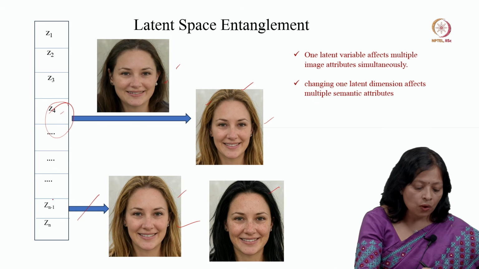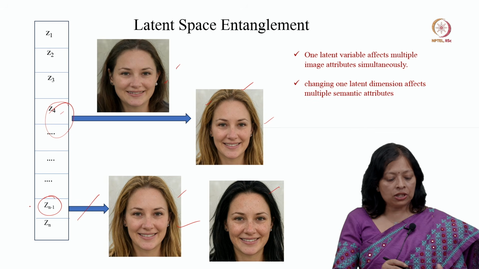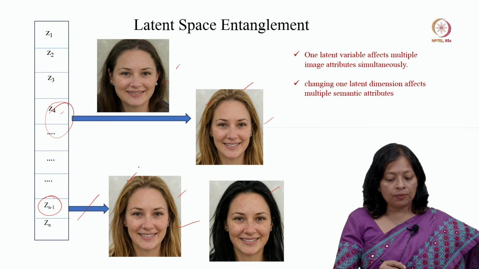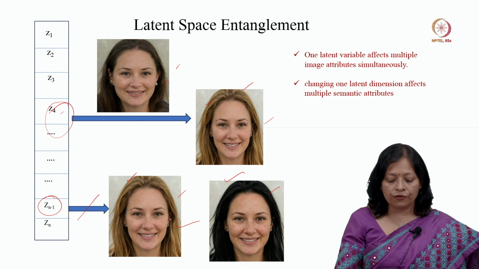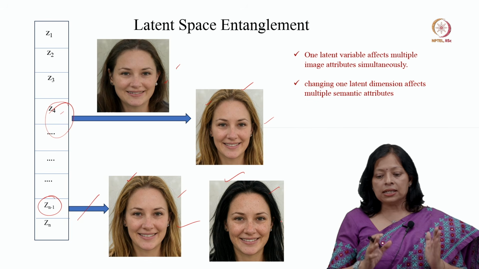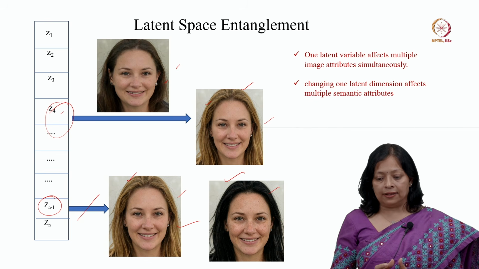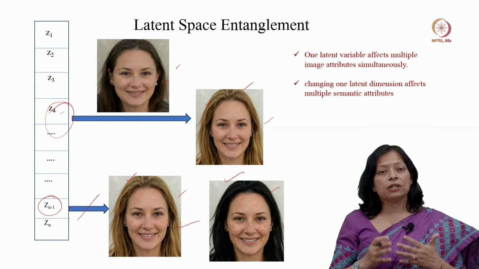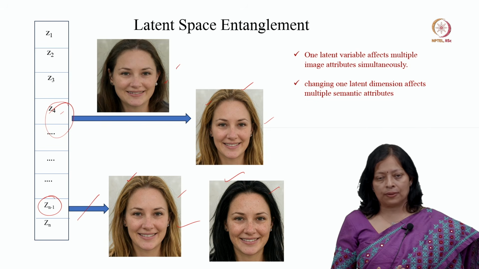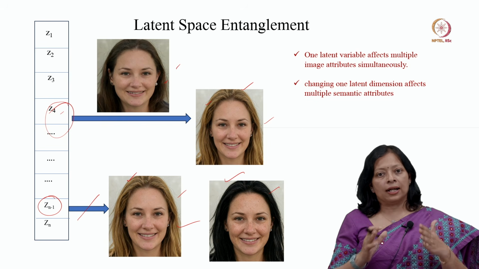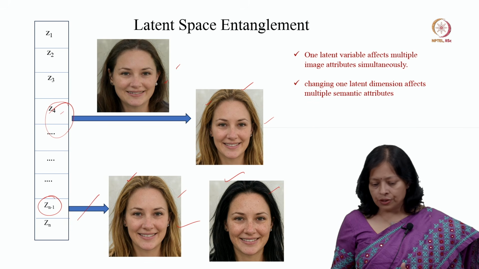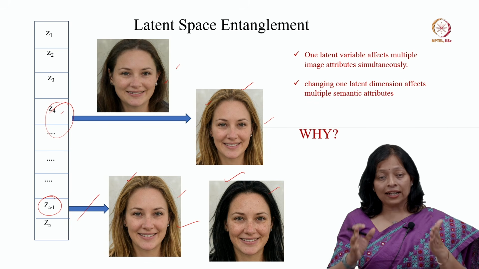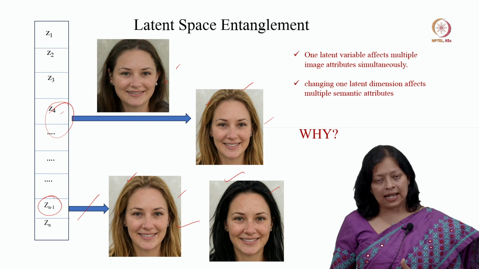One latent variable may change the hair color from blonde to black, but at the same time there were no freckles before and now some freckles have come. That means multiple attributes are entangled, and changing one latent dimension affects multiple semantic attributes. So, independently we are unable to change the attributes of the image. That concept is called latent space entanglement.